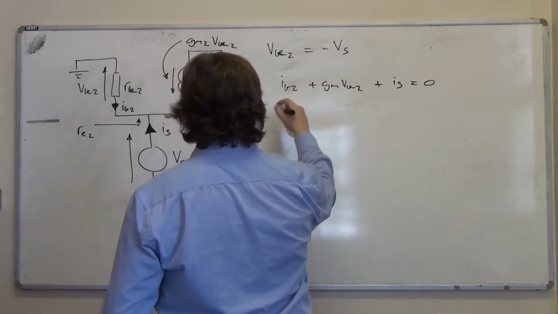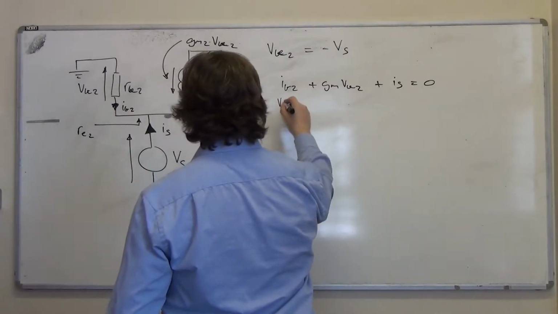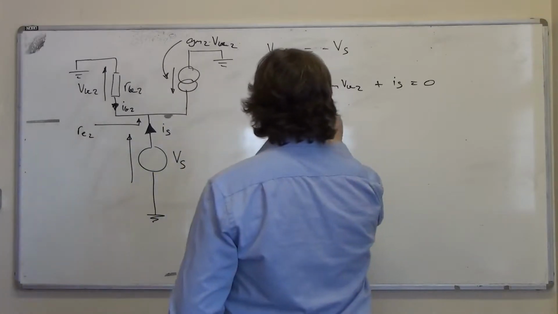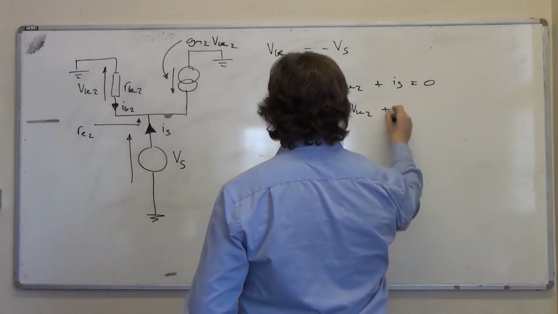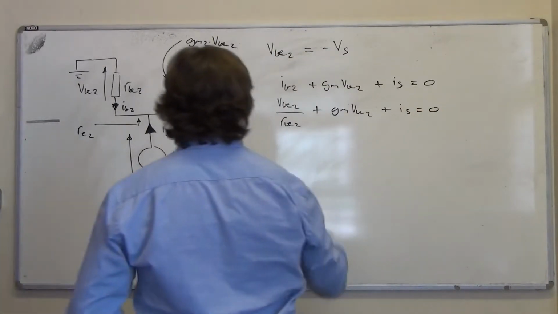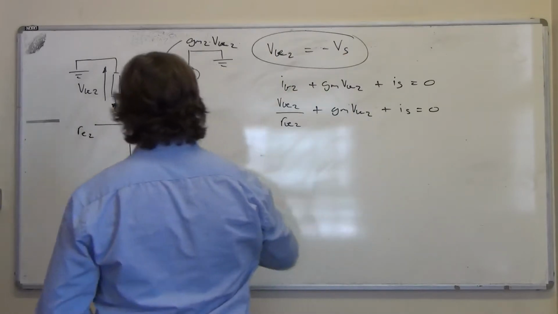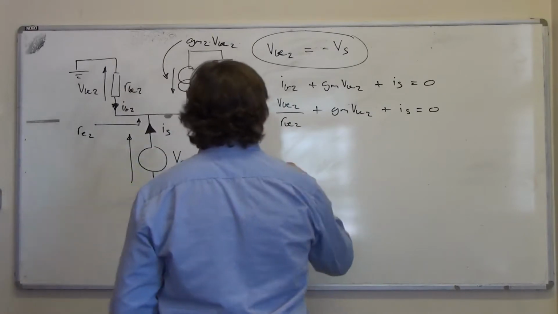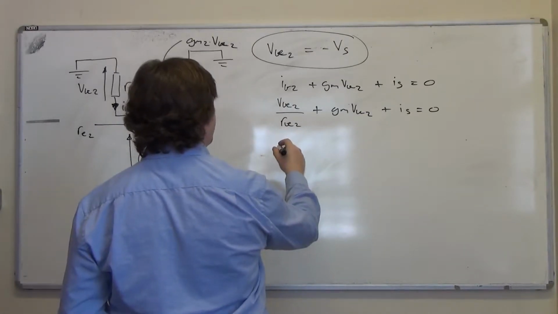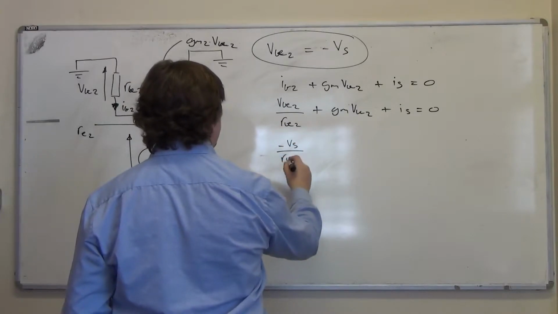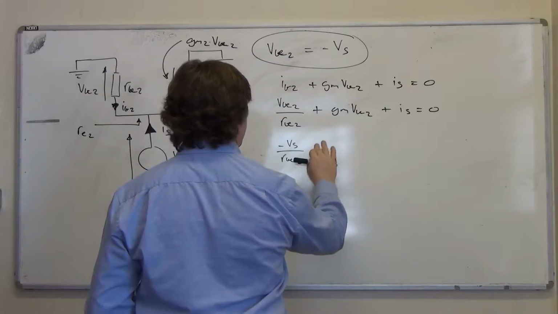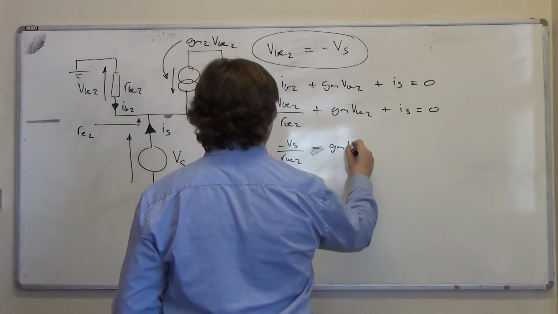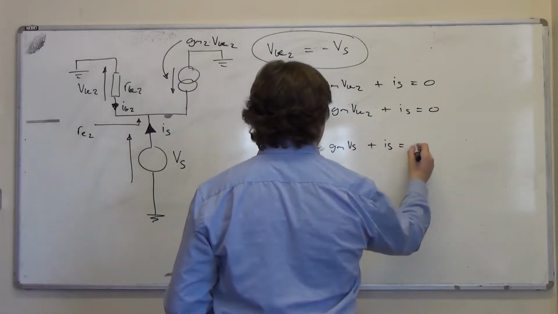So we'll do IB2, we'll apply Ohm's law to this resistor, and we'll say that VBE2 over RBE2 plus GM VBE2 plus IS equals 0. And we want to use our equation up here for VB2 in terms of VS. So we'll have minus VS over RBE2 minus GM VS plus IS equals 0.